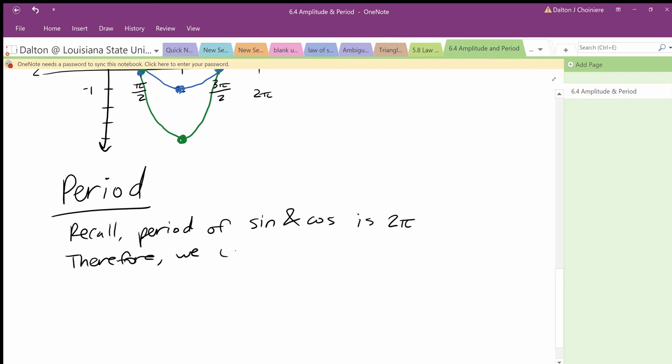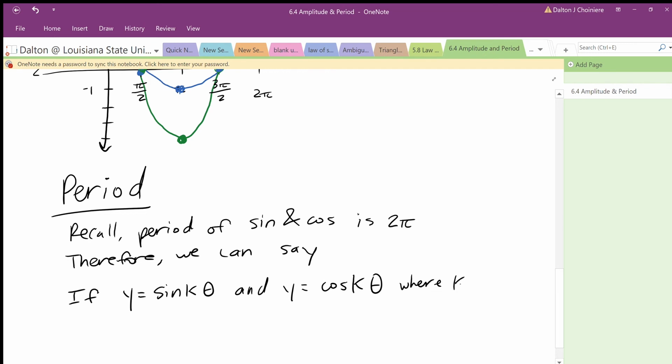we can say the following. If y equals the sine of k theta and y equals the cosine of k theta, where k is an element of the set of positive integers.